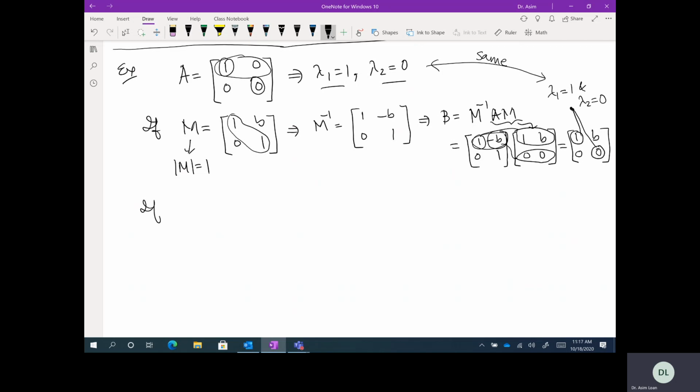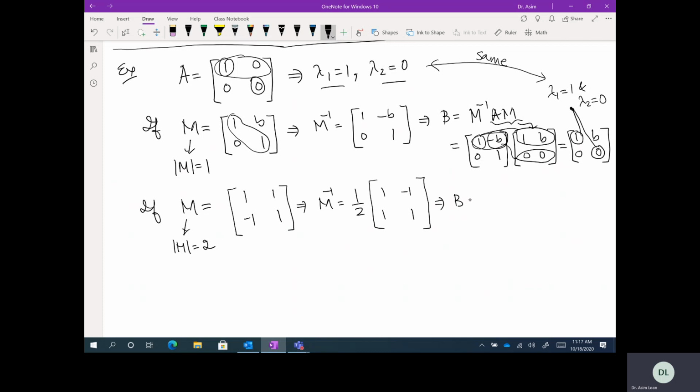And what if M equals [1, -1; 1, 1]? Again, the determinant of M is 1 minus minus plus plus, so this is 2. So this implies M inverse equals 1 over 2, and these two are swapped, minus 1 here, plus 1 here. Okay. And what is B, which is M inverse AM?